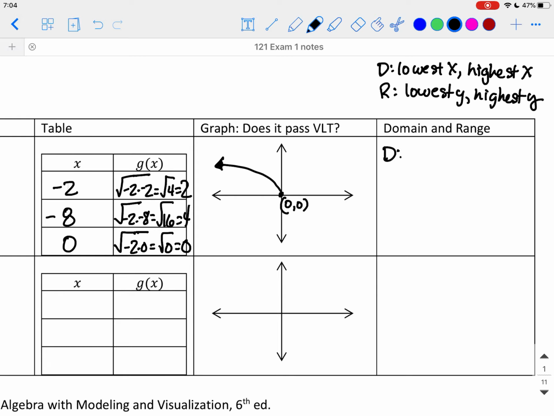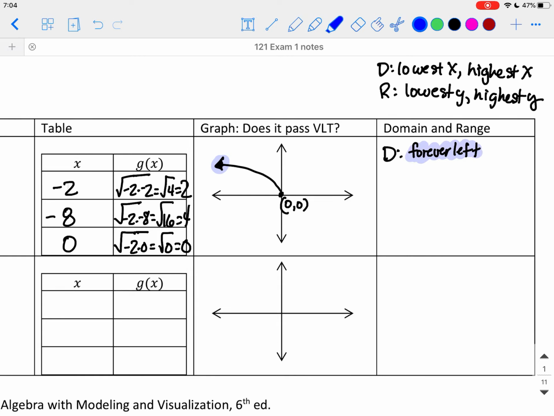So my domain, my lowest x, I'm going to highlight. This arrow right here is going forever to the left. So since I'm going forever left, let me write that down. It's going to be forever left. And it's this one right here.